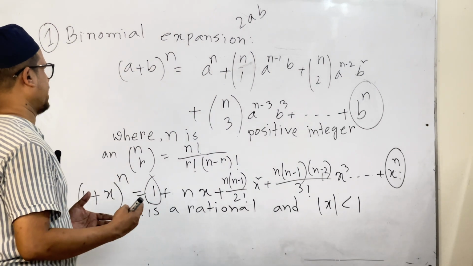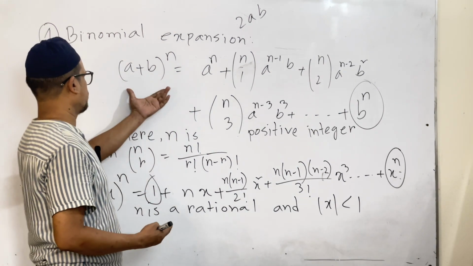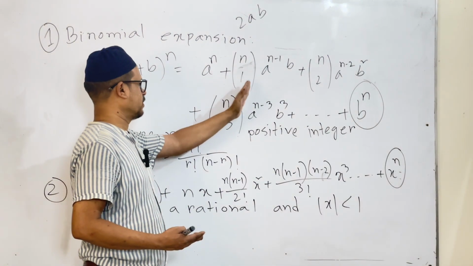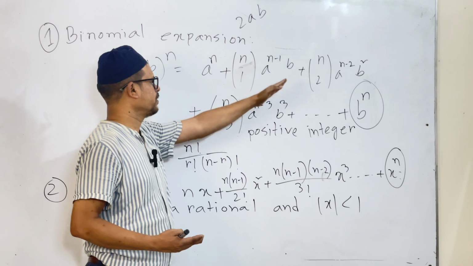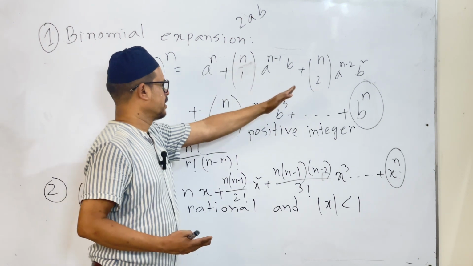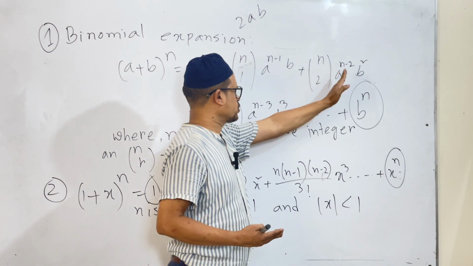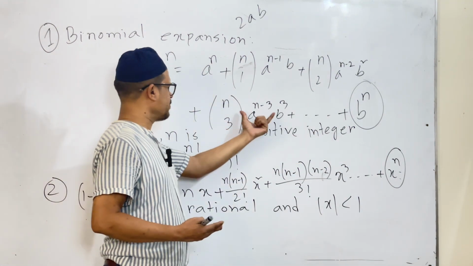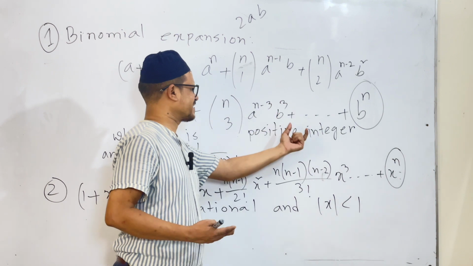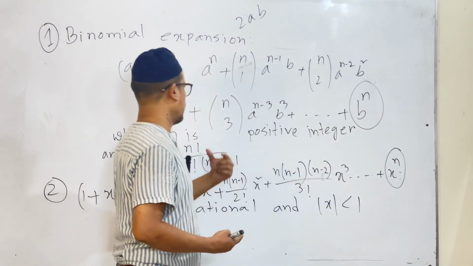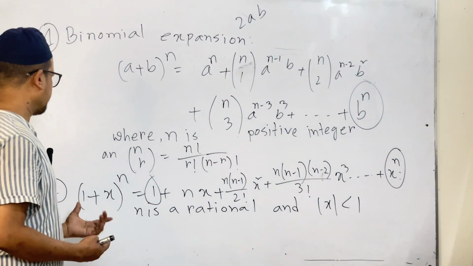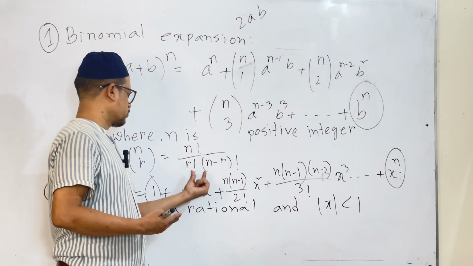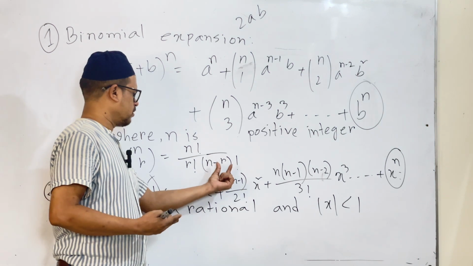Simply remember (a plus b) to the power n equals a to the power n plus nC1 a to the power n minus 1 b plus nC2 a to the power n minus 2 b square plus nC3 a to the power n minus 3 b cube, up to b to the power n, for positive integer n. In nCr this formula is n factorial by r factorial (n minus r) factorial.